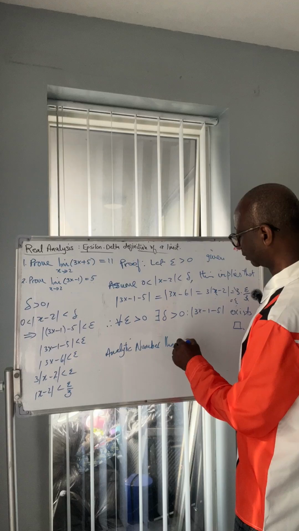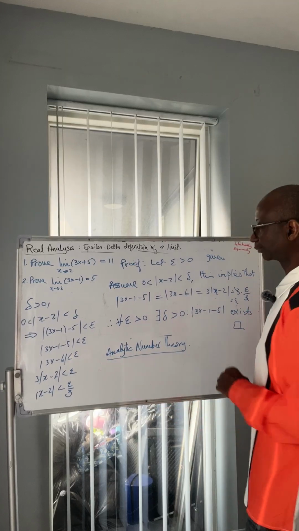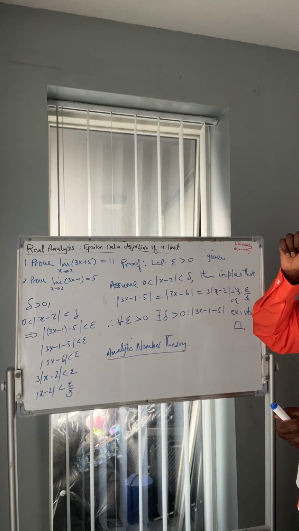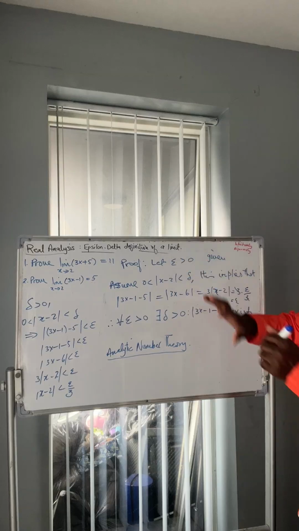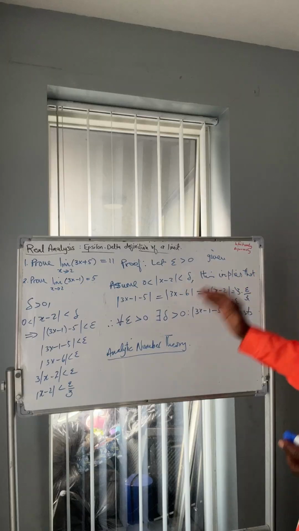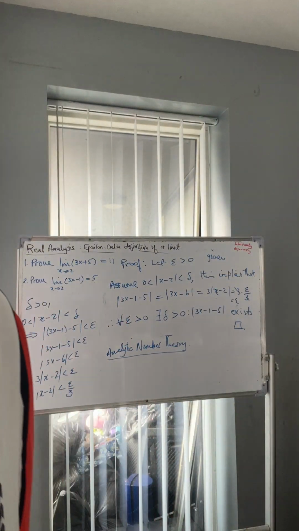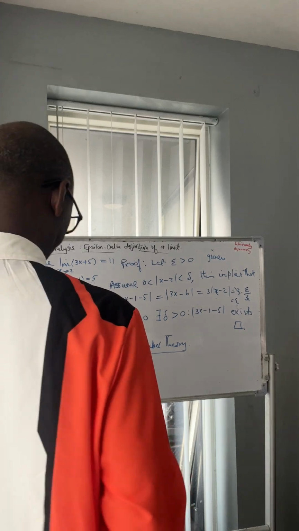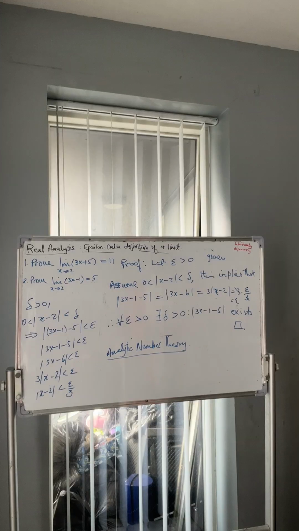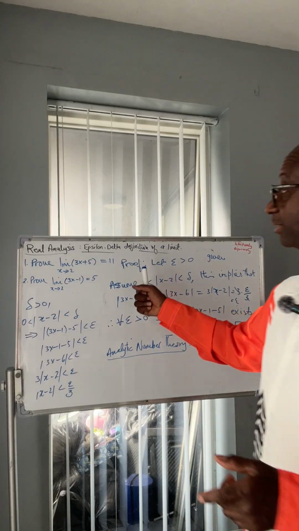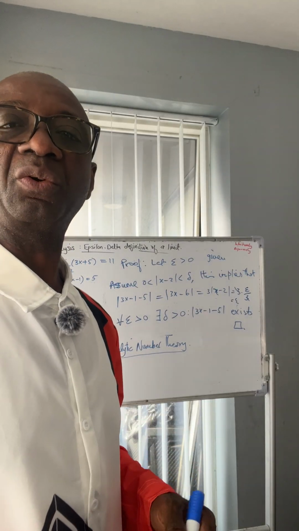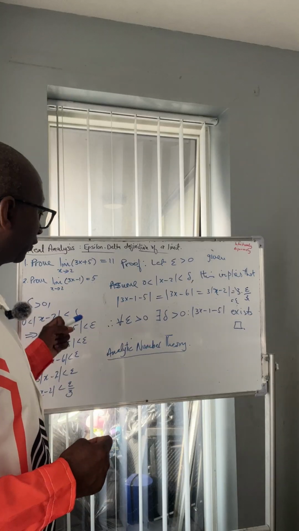This is a very interesting branch of mathematics. Then you can see how we relate real analysis to analytic number theory. One is discrete, one is continuous. In real analysis we're talking about continuous functions, so we use the ideas and formulas of continuous functions to solve problems involving discrete functions.